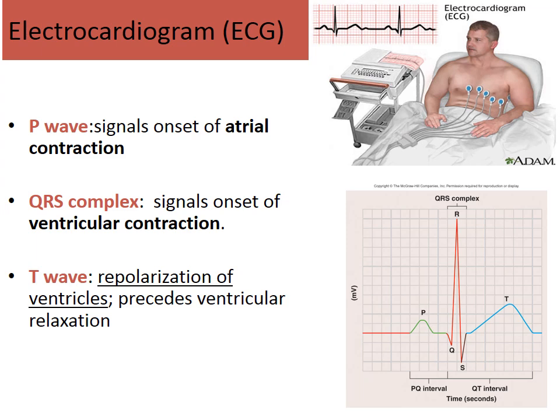An electrocardiogram, or an ECG, is a way of monitoring the electrical conduction system, or the electrical pathway, within the heart during its cardiac cycle. By placing electrodes over the chest wall, we can pick up those electrical signals as they're being transmitted through the different parts of the heart, and then monitor how well that's performing.